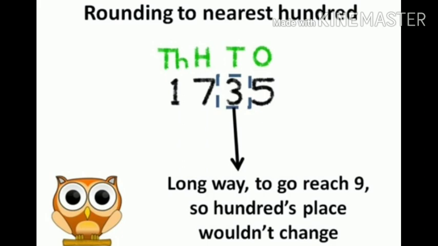Now let us try to round a number to its nearest hundred. Let's take the number 1735. We now look at the tens place, as we are rounding the number to the hundreds place. At the tens place, the number is 3, which is less than 5. So, the tens place has a long way to reach 9.